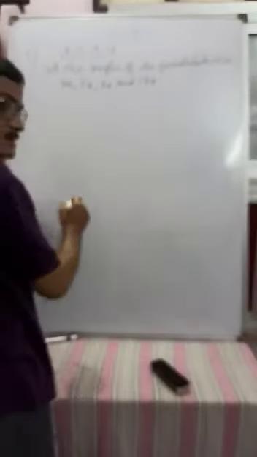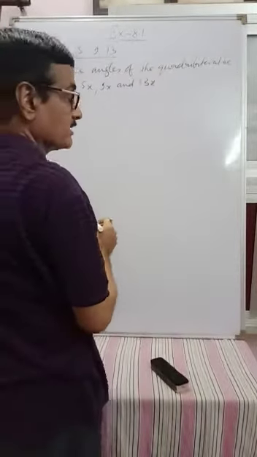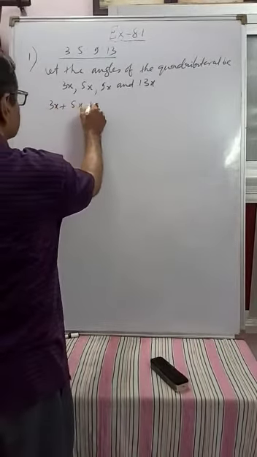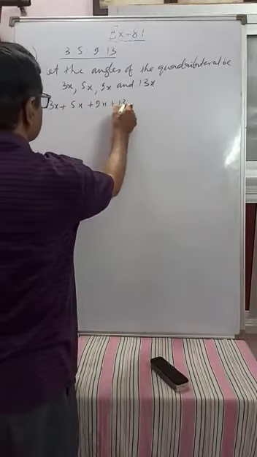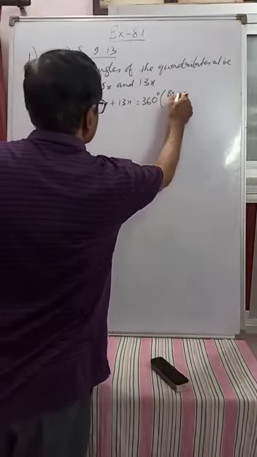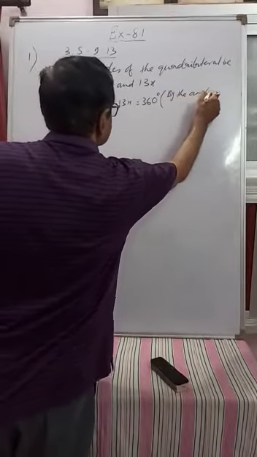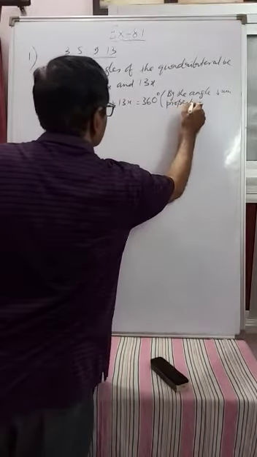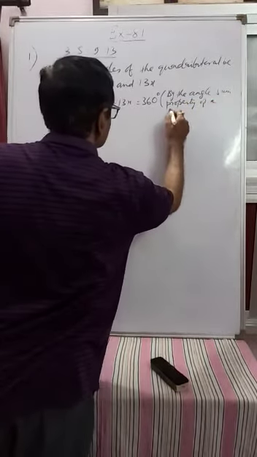Now we know that the sum of the angles of a quadrilateral is 360 degrees. So 3x plus 5x plus 9x plus 13x is equal to 360 degrees by the angle sum property of a quadrilateral.